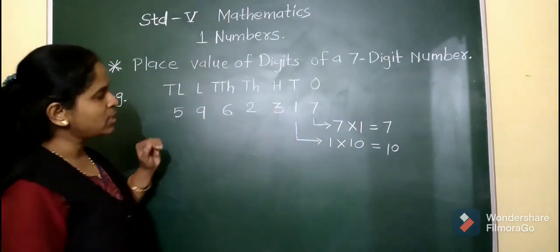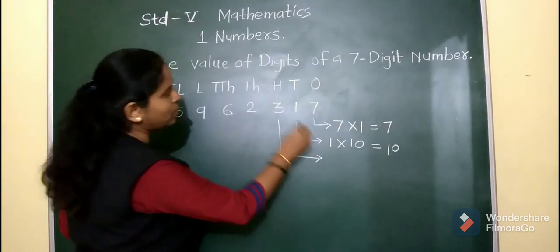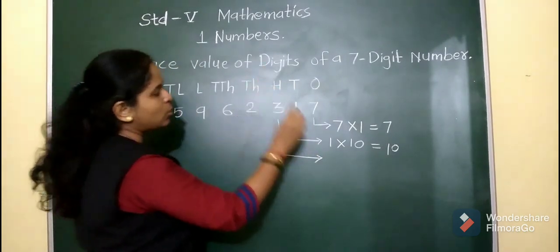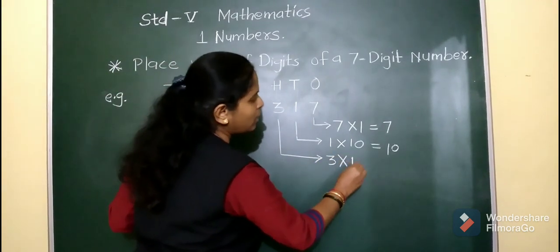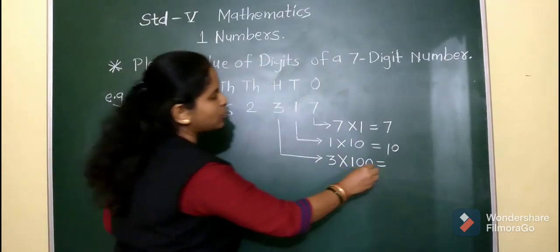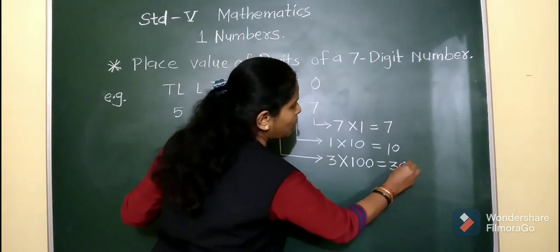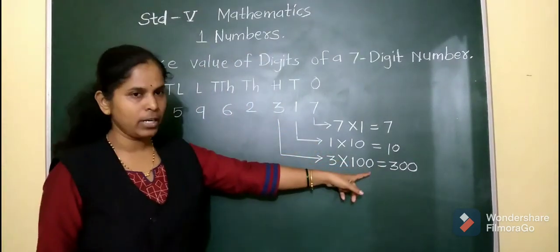Now, next digit is 3. 3 is at hundreds place. So we multiply 3 by 100, which is 300. So the place value of 3 is 300.